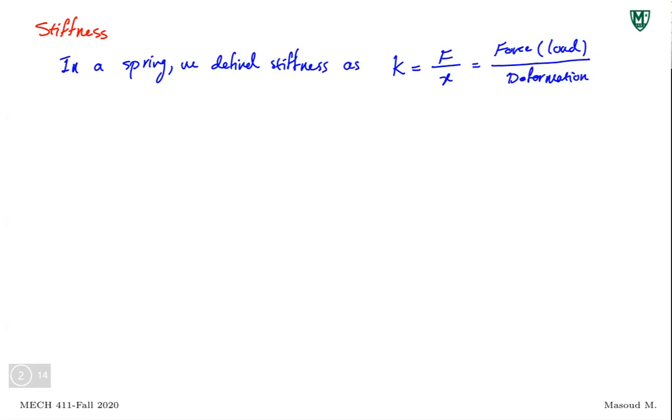Once we know that fraction, force or load over the deformation, that ratio is going to give us a stiffness. And we can say, I can look at this specific beam under this load at this point and say, this is a spring mass system pretty much, or this is just a spring, because when I apply the force, it deforms. As long as I know the stiffness value, K, I can look at it as a spring.